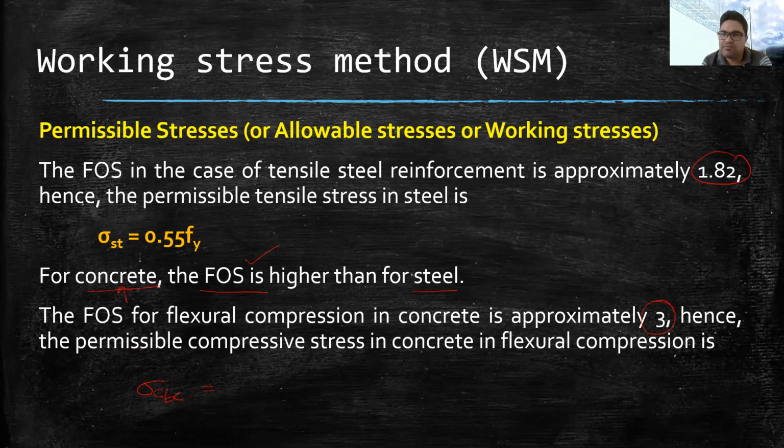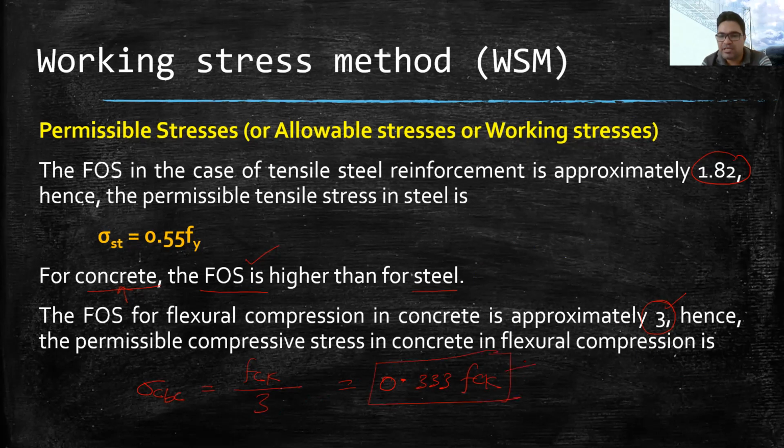So sigma CBC will be FCK. FCK is the limiting strength of concrete, divided by this 3. So this becomes 0.333 FCK. So that becomes the sigma CBC.